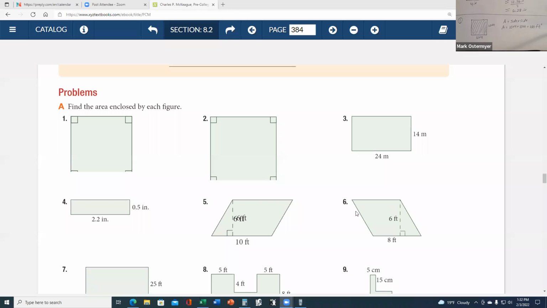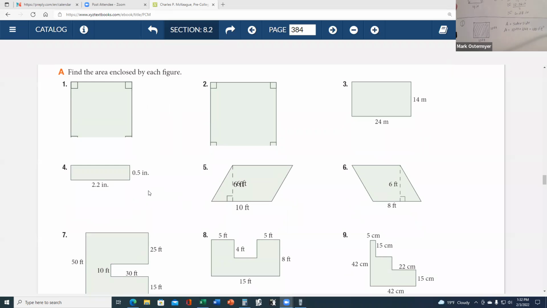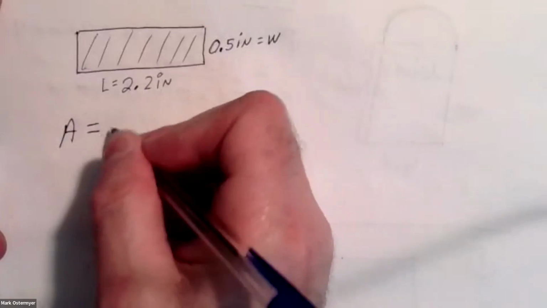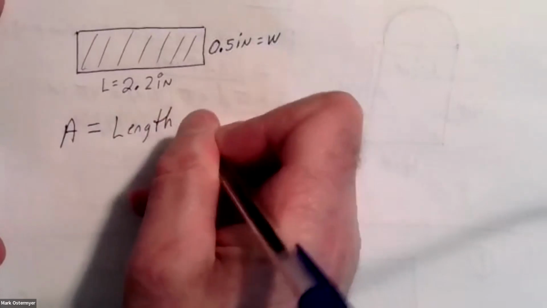All right, number 4, what would be the area of this rectangle? How do you find the area of a rectangle? We have a rectangle that has a length of 2.2 inches and has a width of 0.5 inches. Well, area of a rectangle is equal to the length times the width.